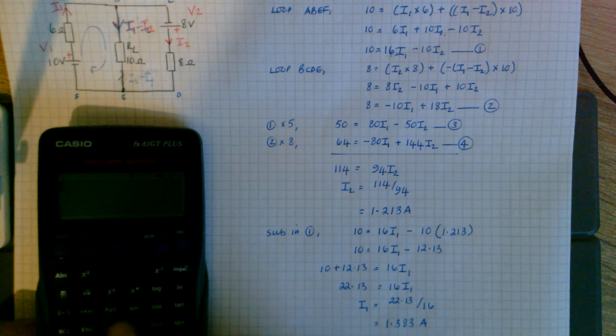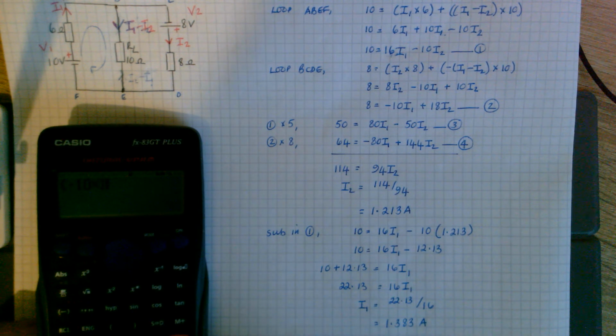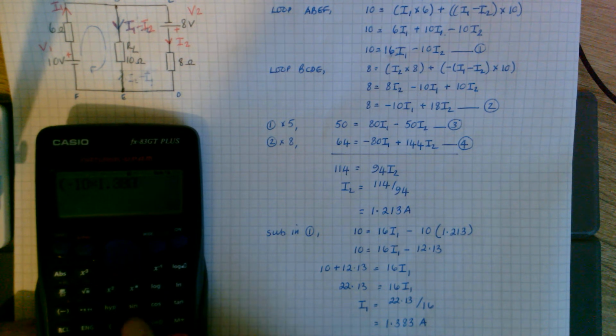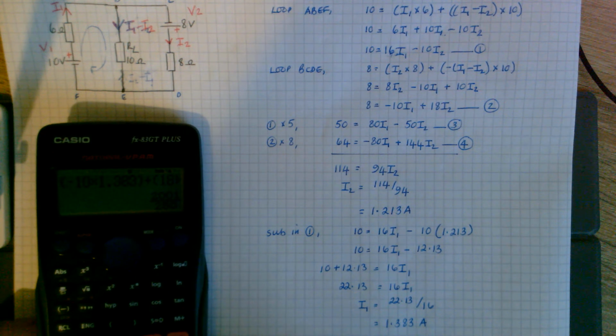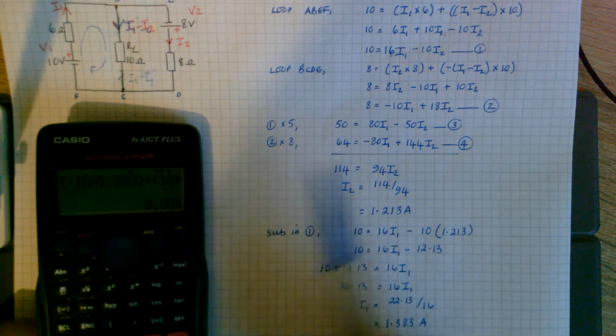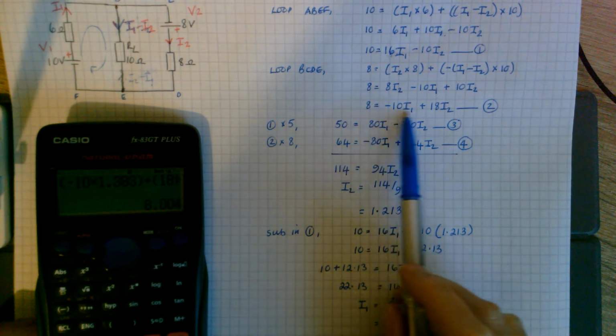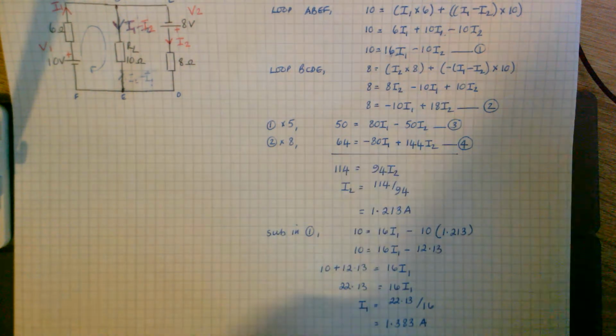So I'm going to do negative 10 times I1 plus 18 times I2, and I get 8. So I get 8.004, which pretty much checks with that. So I've used this equation as a check, and that's proved my I1 and my I2 values are okay.